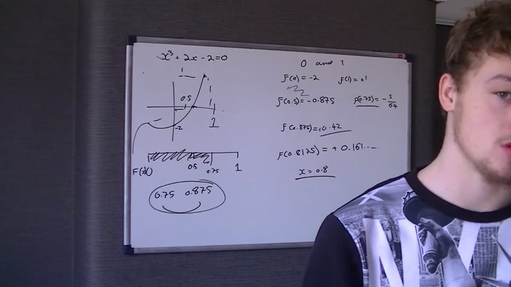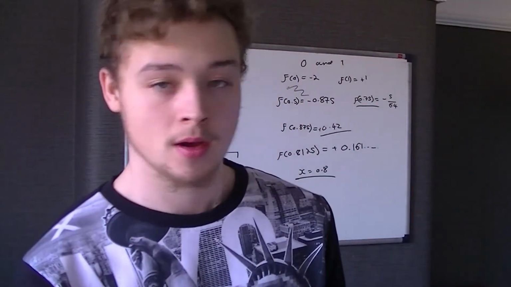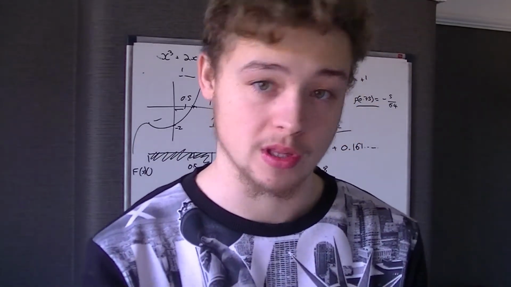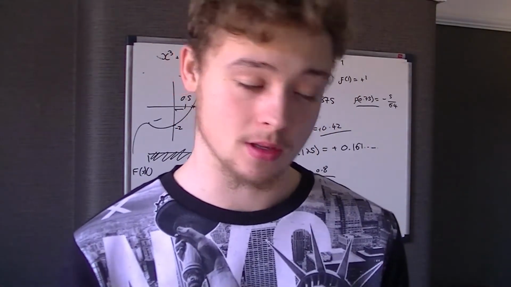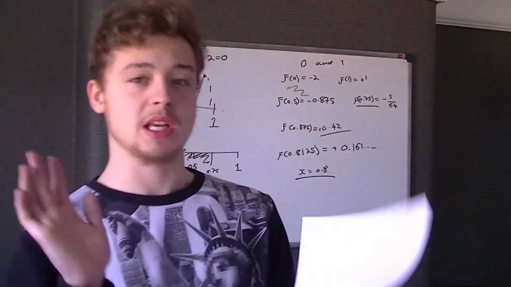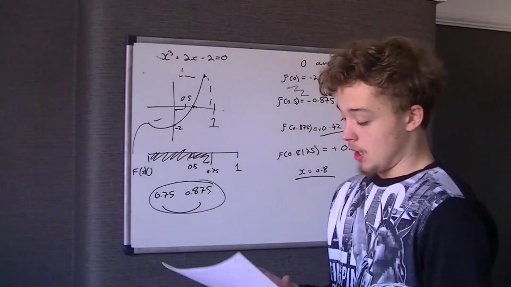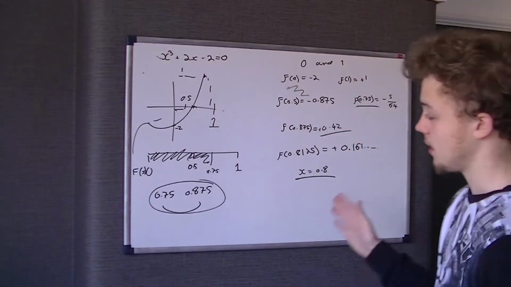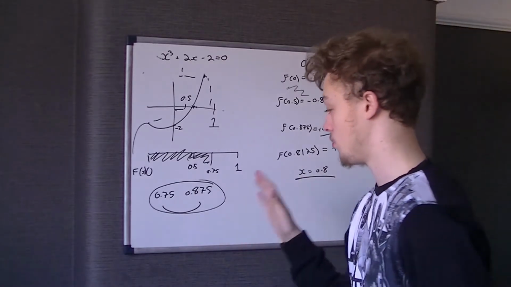What I always do at the start of a question such as this is prove to yourself that f of 0 is one sign and f of 1, the other side of the range, has the change of sign. Just so you know you're following the right equation and using the right buttons. Obviously you are, but it's just nice to check something like that. And then it's just a case of halving the range until you get to your desired range of accuracy.